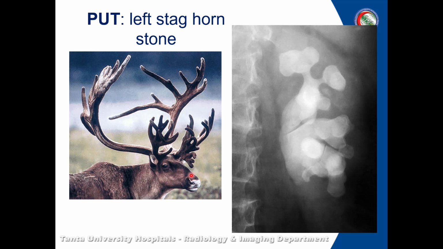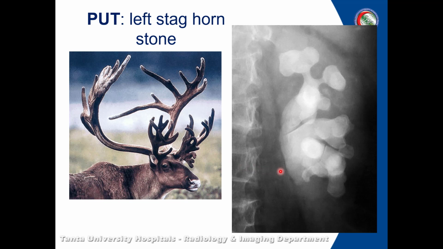This is another form of urinary tract stones or renal stones, but it is of very large size, taking the configuration of the pelvicalyceal system, the renal calyces and the renal pelvis, giving the appearance of a staghorn. So it's called staghorn stone.